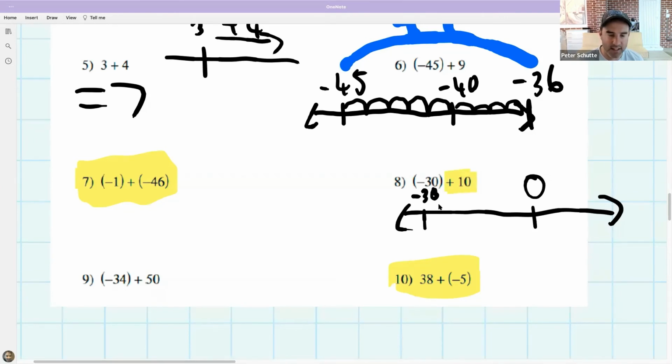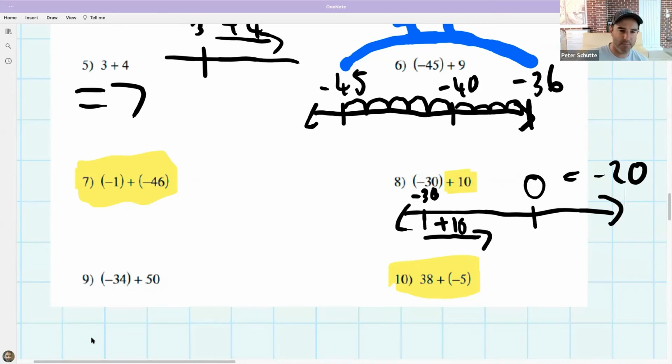Well, it means I need to go back in the opposite direction. I need to go in that direction. And how much do I need to go by? I need to go by 10 more units. So I know my scale is not perfect, but if you think about minus 30 and go 10 in this direction, I think you're going to get minus 20.